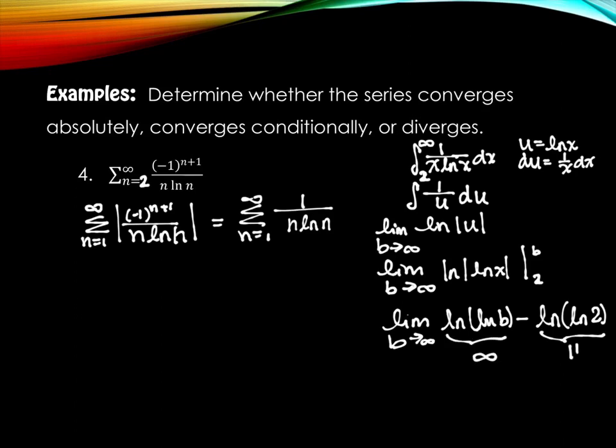This piece is a number, right? But when I take infinity and subtract off any number, I'm still getting something that's infinite. So what does that mean? Did a great integral in the middle of all this. The absolute value diverges. Okay, so the one that I've been working on diverges.